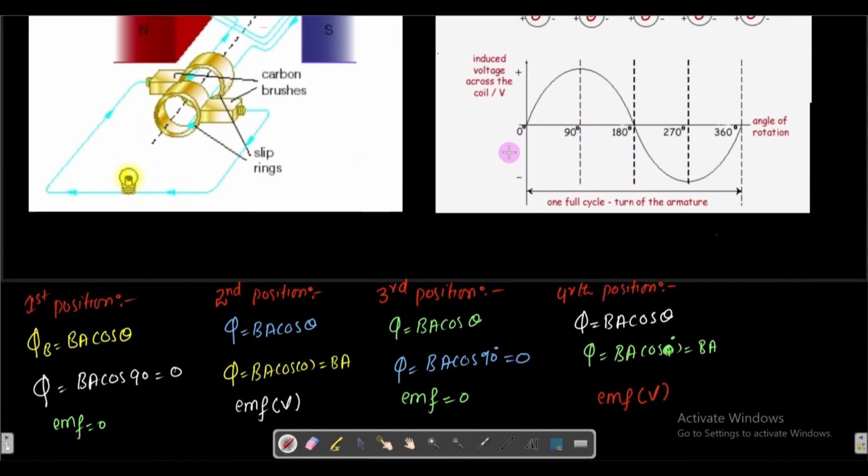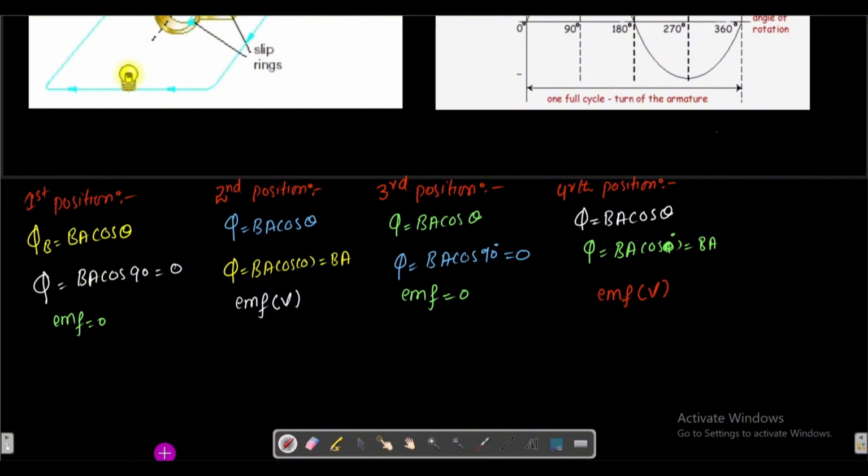So in this position 5, the fifth position, the magnetic flux is given by this. So phi is equal to BA cos of theta.